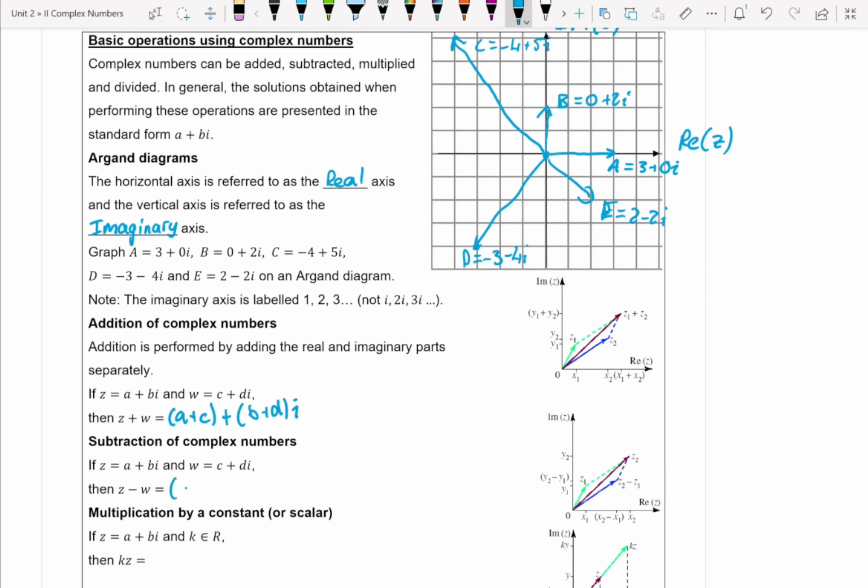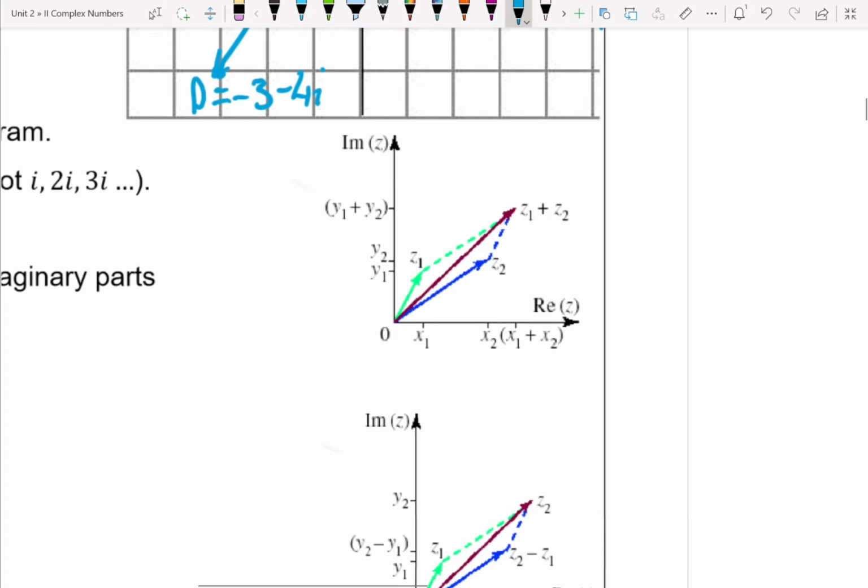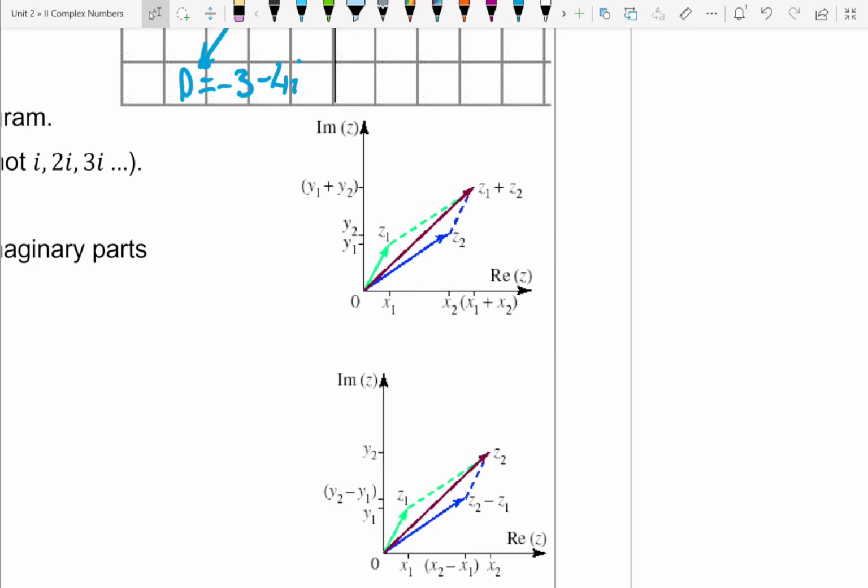We're going to get (a take c) plus (b take d)i. We can see over to the side some wonderful images of a vector space of this addition and subtraction. We can either add z2 to z1, as we see in this green line here, or we could add z1 to z2. So that's our commutative property.